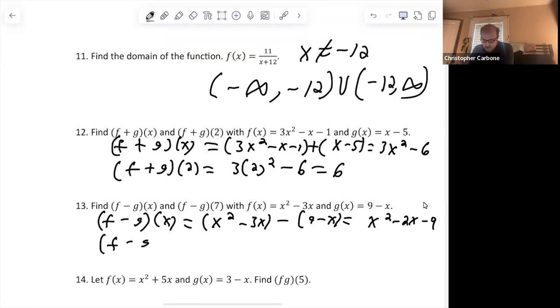And f minus g of 7: 7 squared, so 49 minus 2 times 7, so 49 minus 14, we're going to have 35 minus 9, so 26.